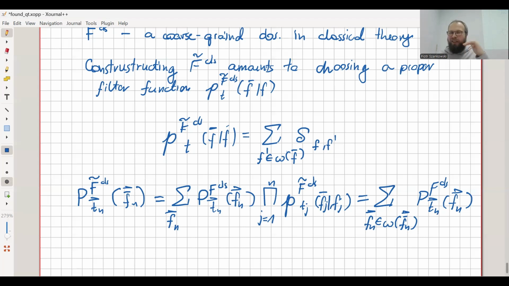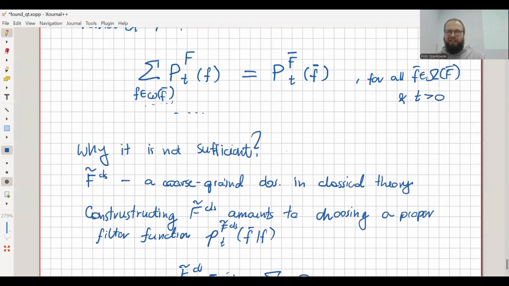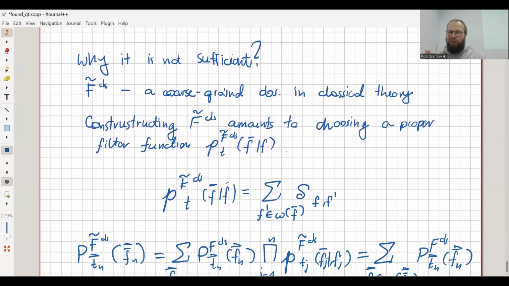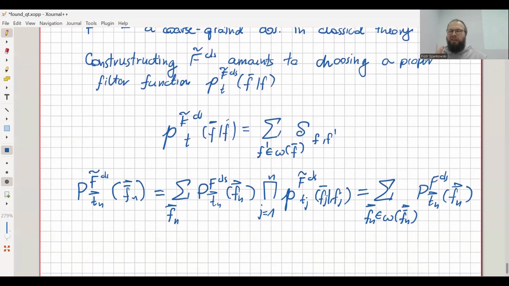This F tilde not only gives you an observable that satisfies this condition, but within the domain of classical theories it is also the only way to achieve this. So classically, this is the only way you can implement coarse-graining, right?